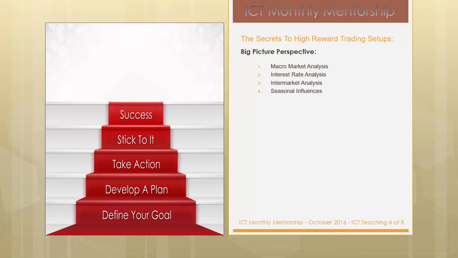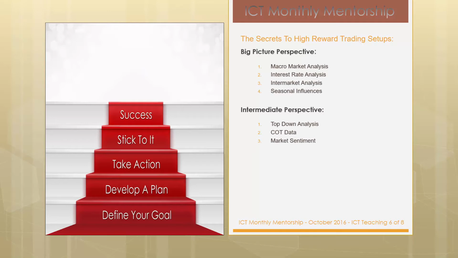Before we get into any high reward trading setup, we have to understand, obviously, there's going to be a big picture perspective. Okay, and when I say big picture perspective, it's primarily 4 areas of reference. It's going to be macro market analysis, interest rate analysis, intermarket analysis, and seasonal influences.